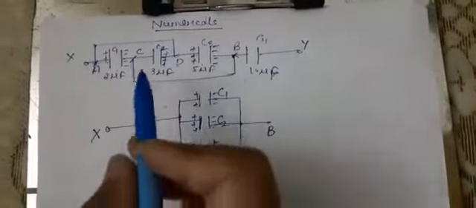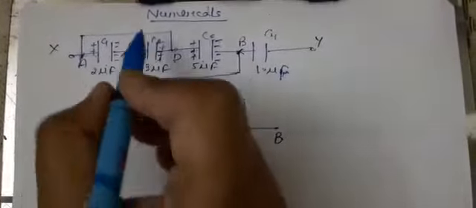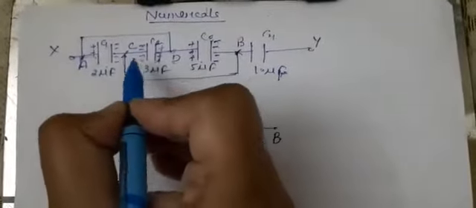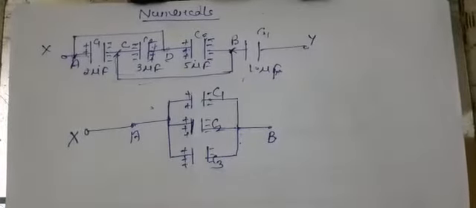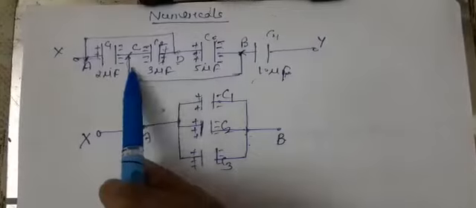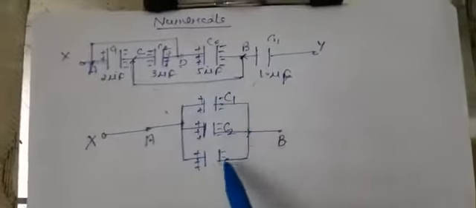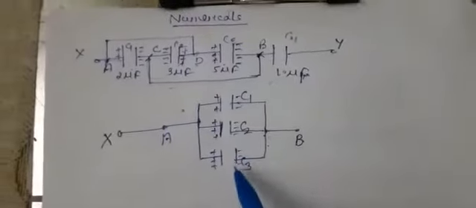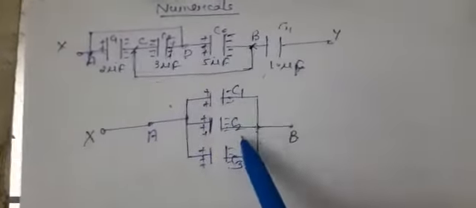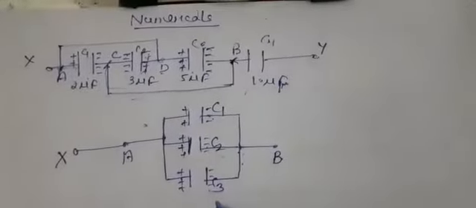So what about C2? This C point is common to C1 and C2, so the first plate of C2 will also be connected to negative. So you can say that B is connected to C, which means it is connected to one negative plate of each capacitor. So now it is clear that C1, C2 and C3 are connected in parallel combination.